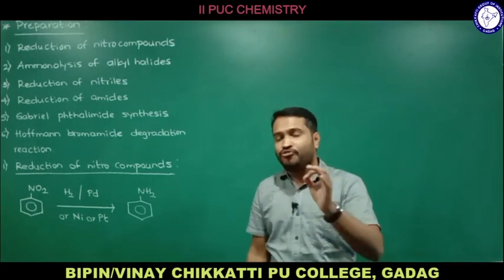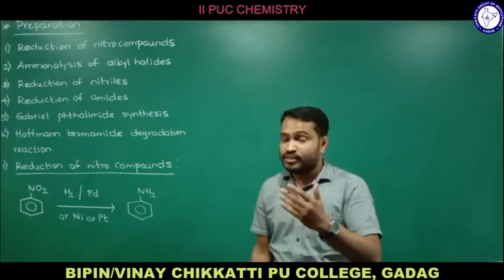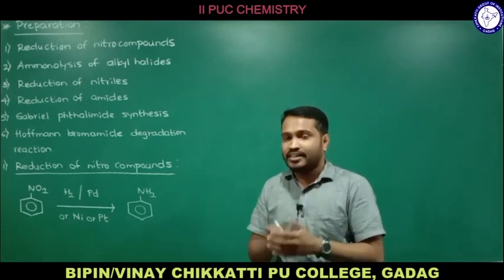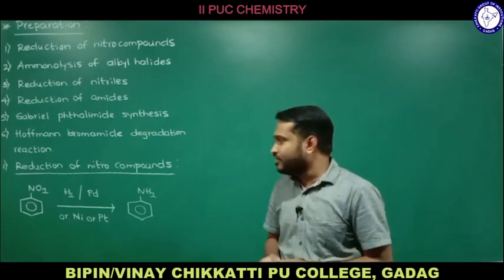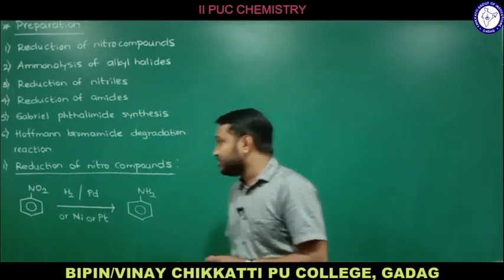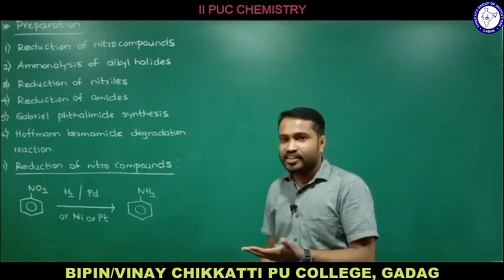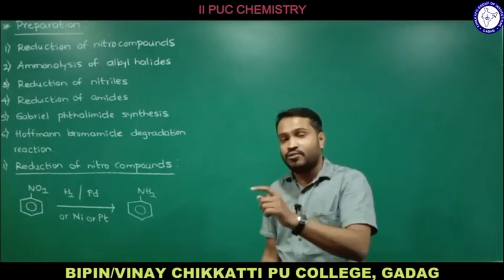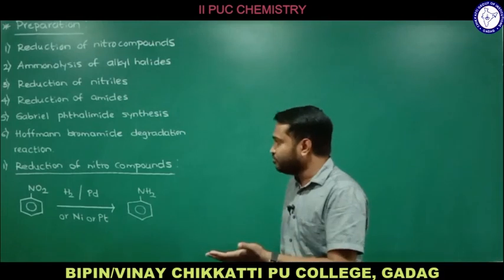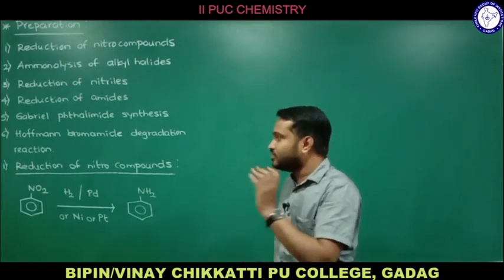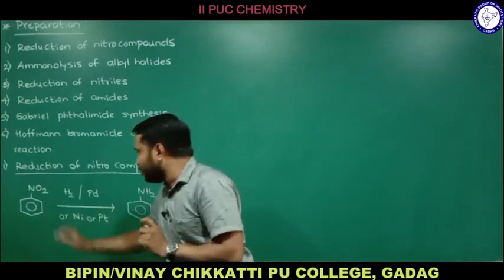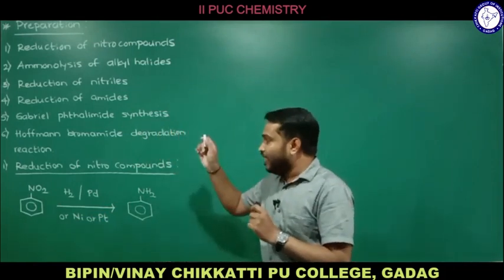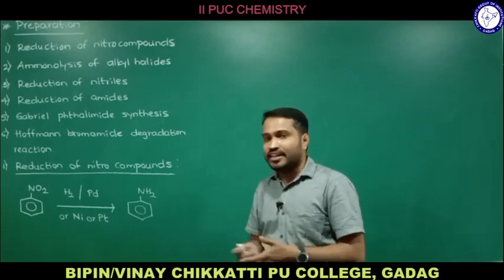You need to consider finely divided state only, because as we know, in a finely divided state the surface area will be larger, and the larger the surface area, the greater will be the adsorption, and the presence of this catalyst increases the rate of reaction. Hydrogen is going to be added, therefore this kind of reaction is nothing but a hydrogenation reaction. So addition of hydrogen, we know that well, is nothing but a reduction. So the nitrobenzene is going to be converted to aniline by catalytic hydrogenation.